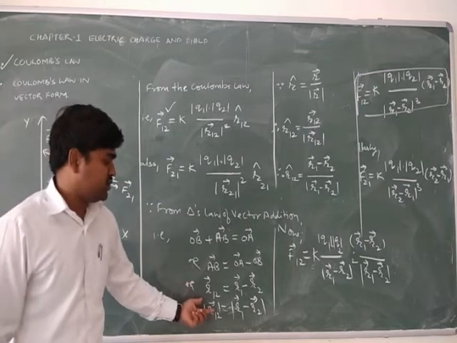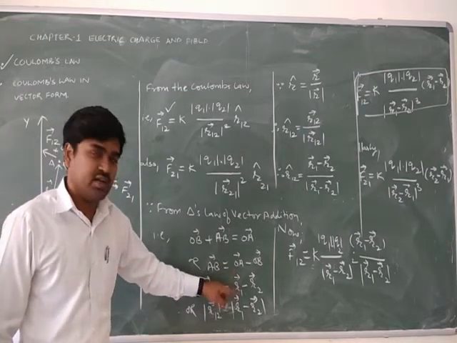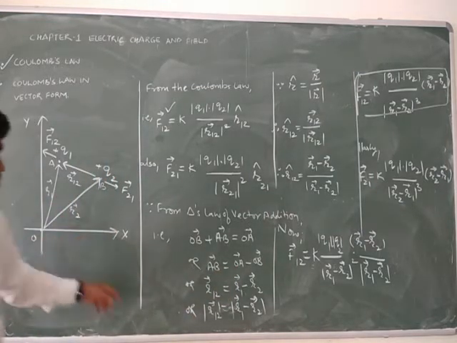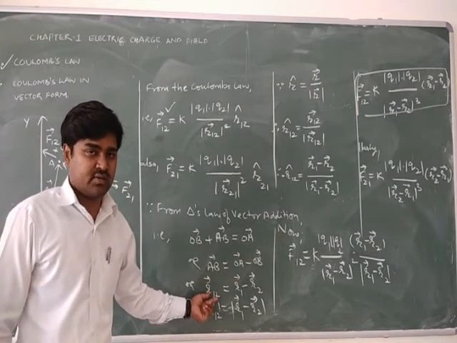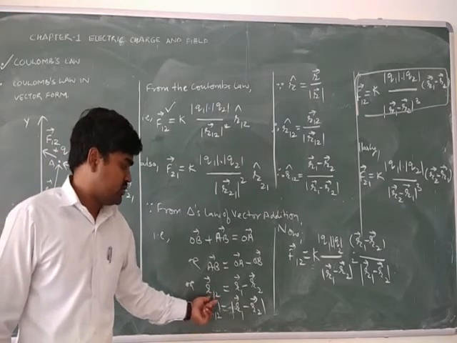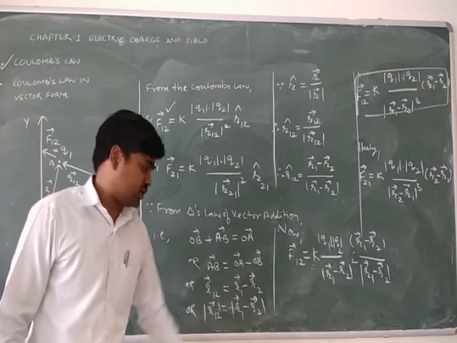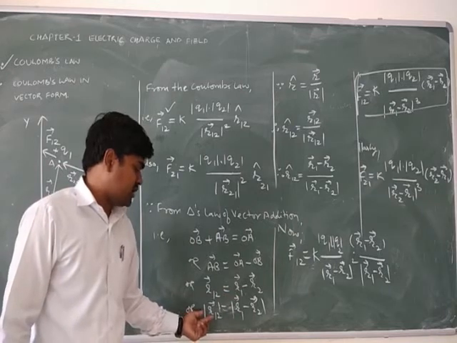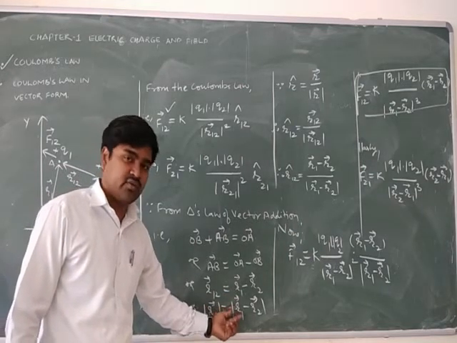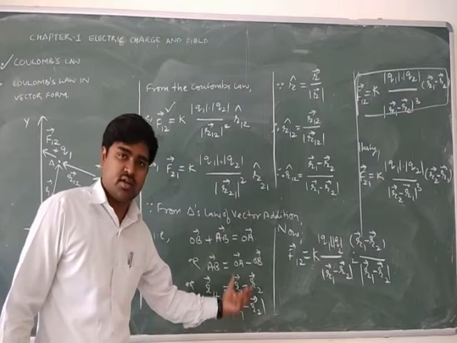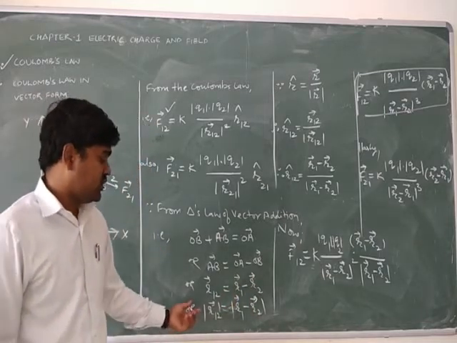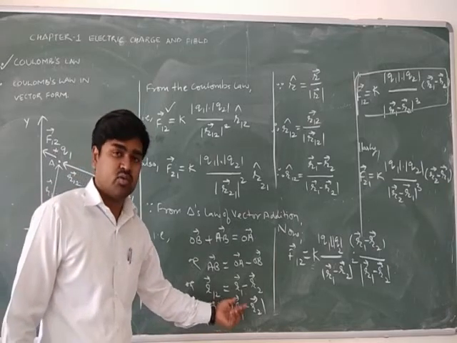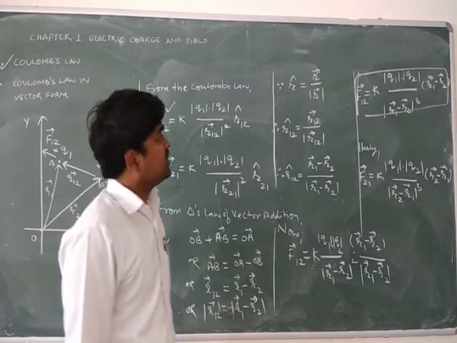So R12 will be equal to, we will place the values OA, that is R1, and OB, that is R2. So we will have displacement vector, that is R12, equal to R1 minus R2. Taking the magnitude of both sides, we will have the magnitude of R12 equal to the magnitude of R1 vector minus R2 vector, right? So we can also use the modulus. You can say the modulus of R12 vector is equal to the modulus of R1 minus R2 vector.